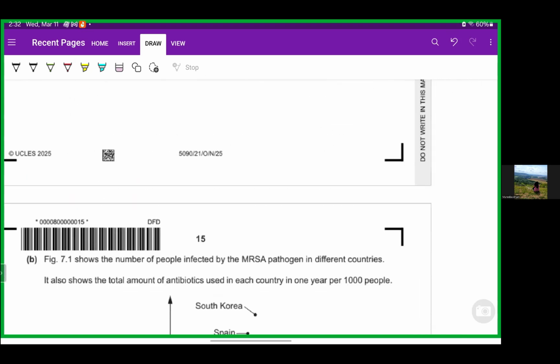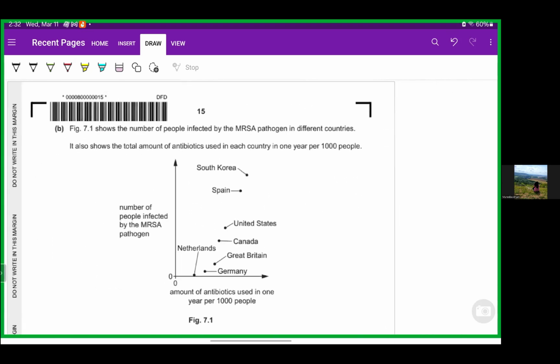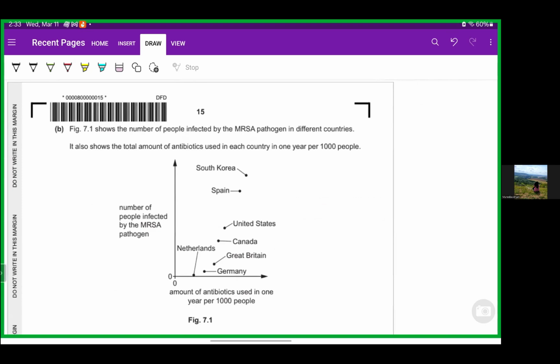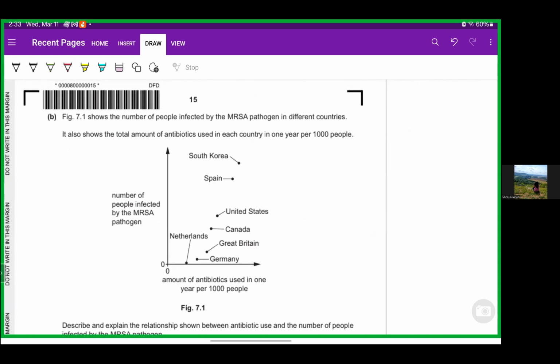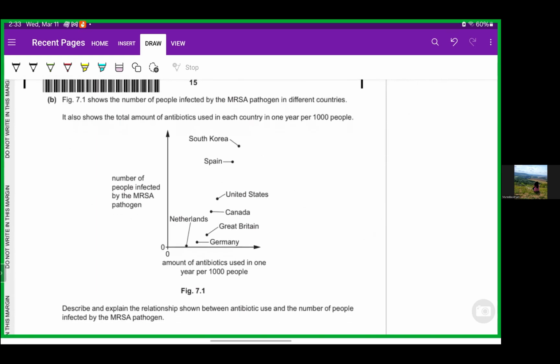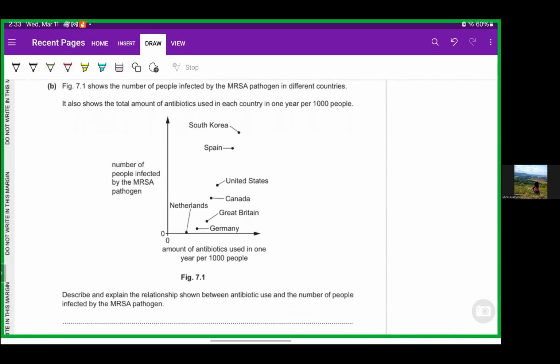Next part. Figure 7.1 shows the number of people infected by the MRSA pathogen in different countries. It shows the total amount of antibiotics used in each country in 1 year per 1,000 people.